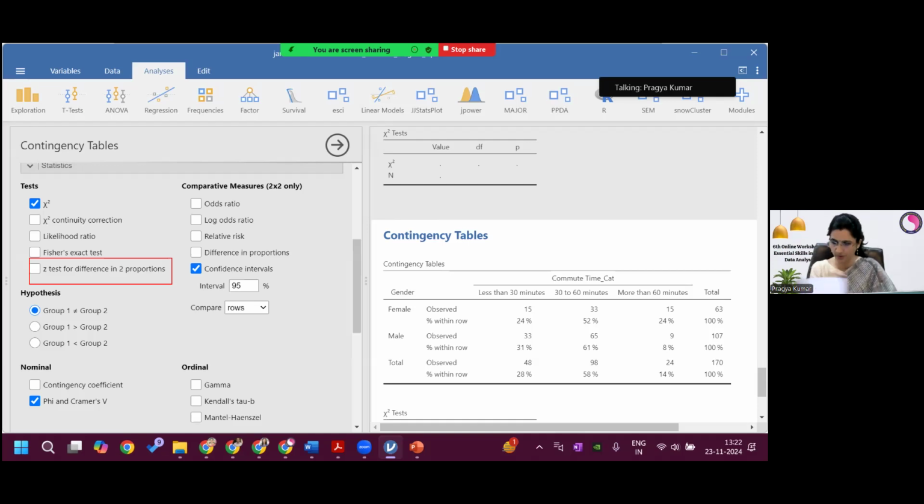Single proportion we have. No, this is not. Okay, so right now for demonstration I am showing you, but generally we have not done it like that. So let's see. I will just move this back.